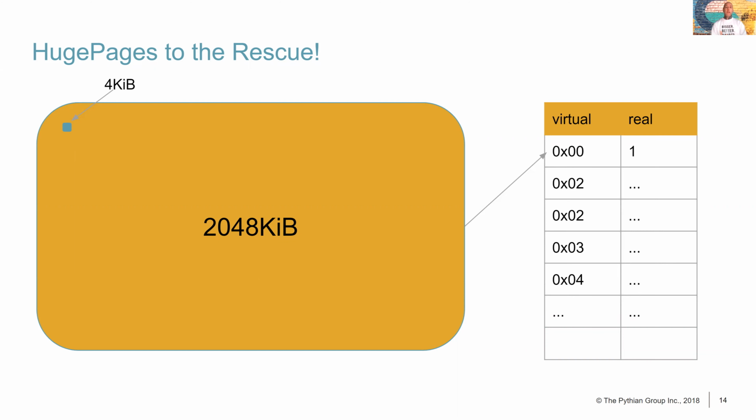In this case, 2 megabytes is a typical value in our most common Linux system. So what we're talking about here is that the memory page is grown 512 times.